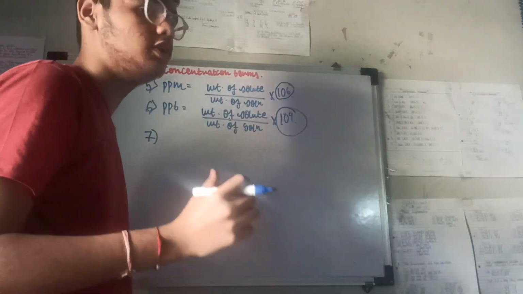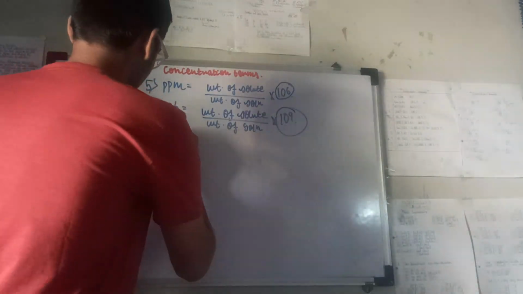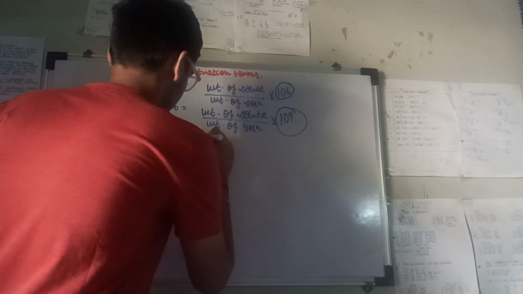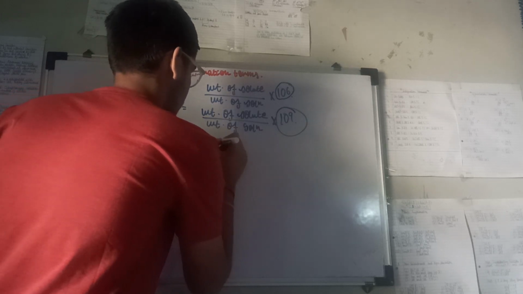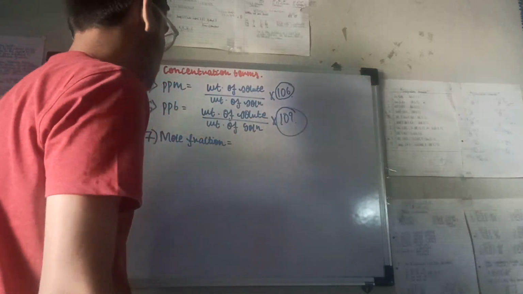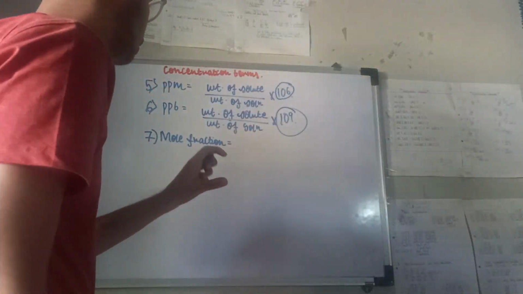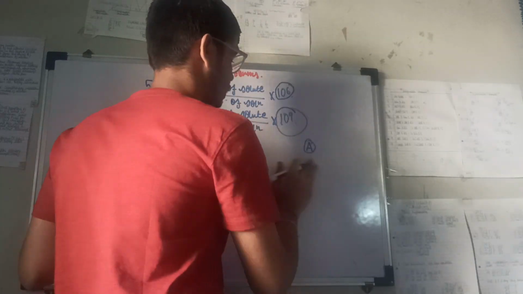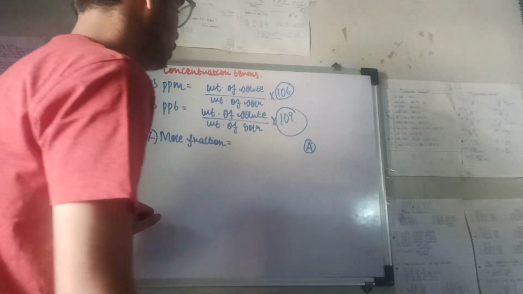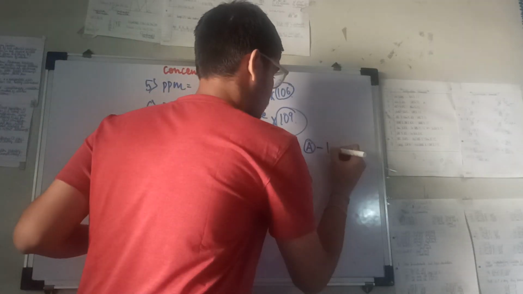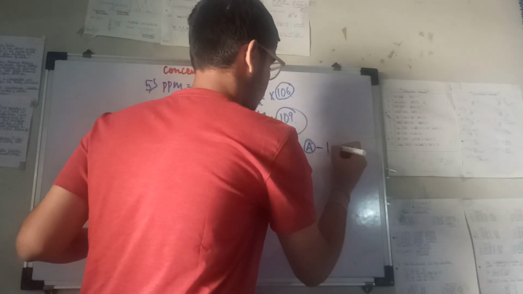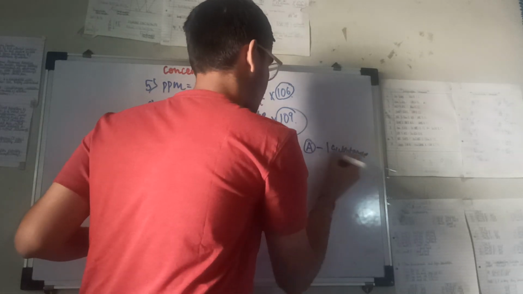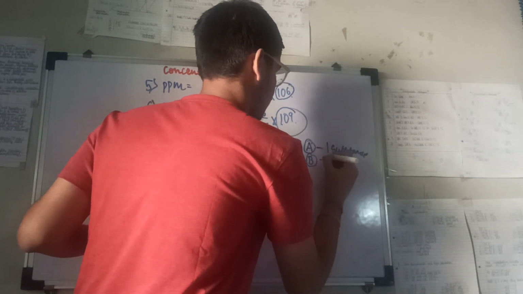Seventh is mole fraction. Mole fraction means, suppose I am denoting A for one substance, and B for second substance.